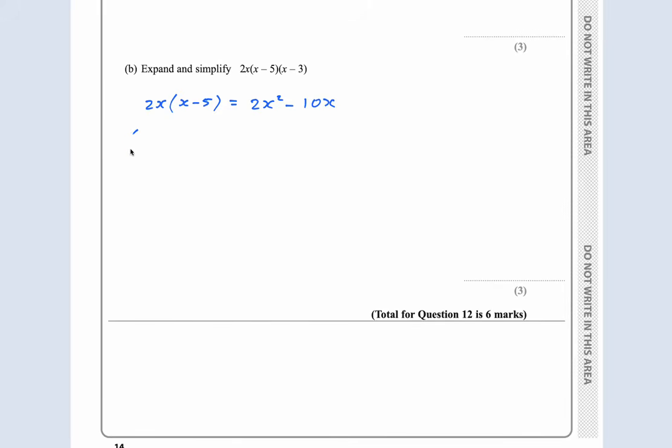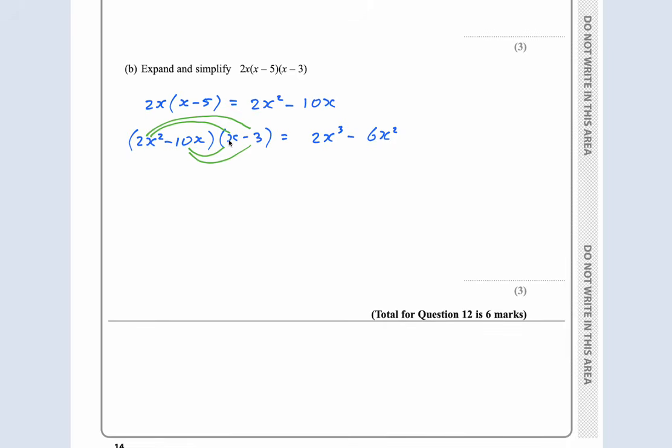Then I'm going to do 2x squared minus 10x times x minus 3. I have to do it this way: this times this, this times this, this times this, and this times this. 2x squared times x is 2x cubed. 2x squared times minus 3 is minus 6x squared.